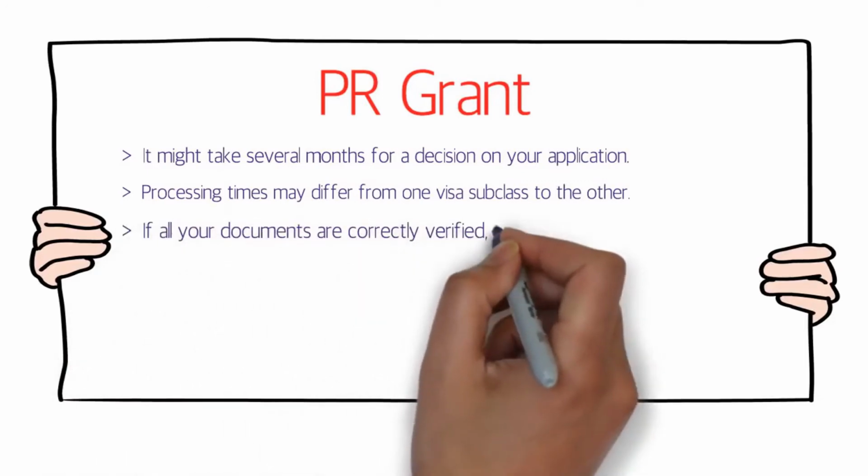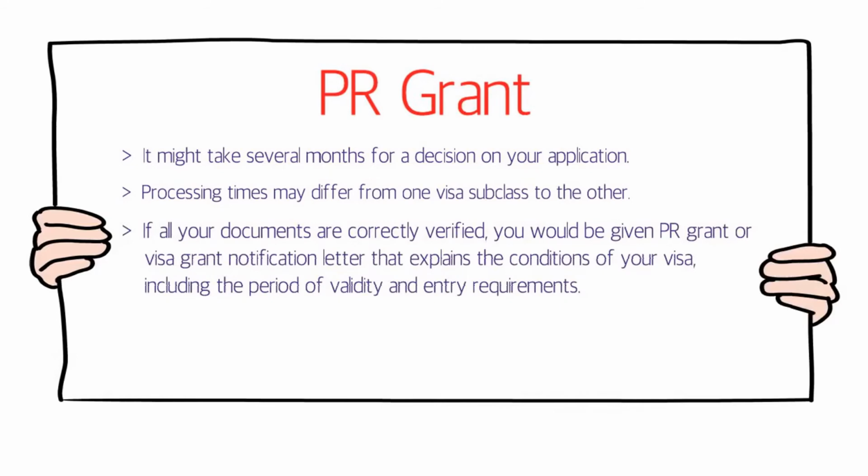If all your documents are correctly verified, you would be given a PR grant or visa grant notification letter that explains the conditions of your visa, including the period of validity and entry requirements. By the end of that validity period, you have to reach Australia, landing there for the first time at least.